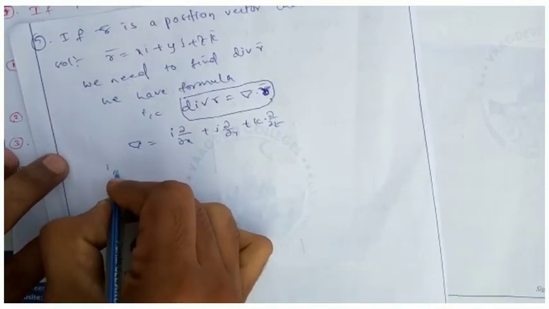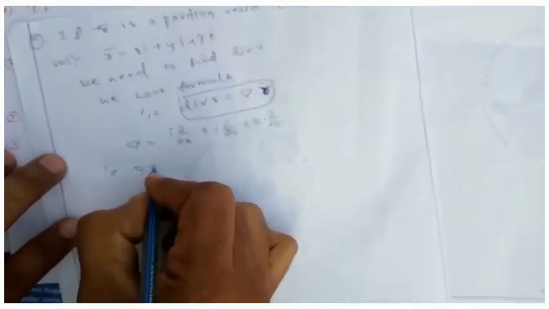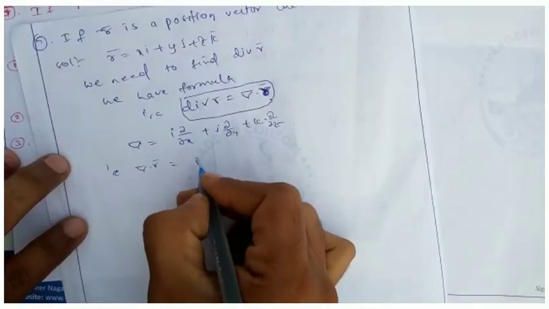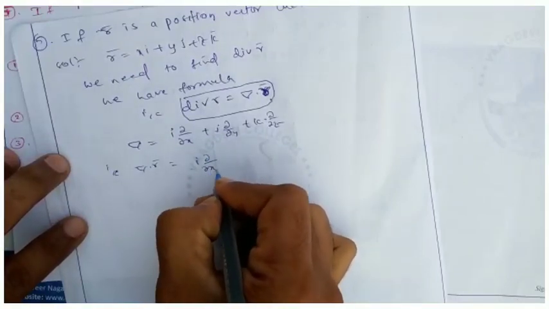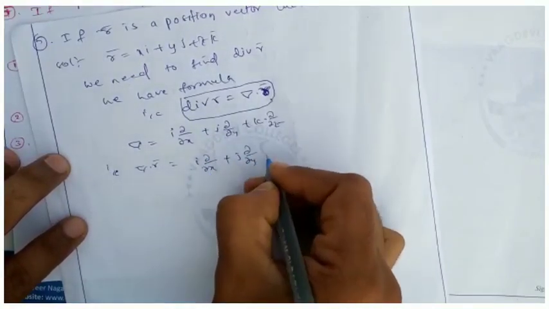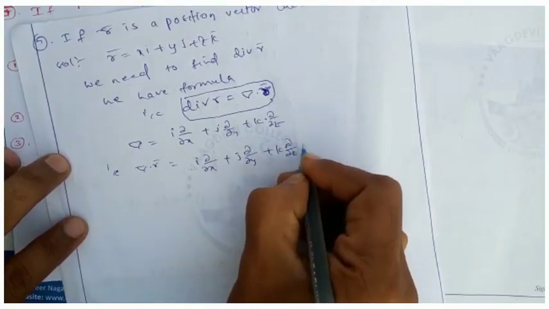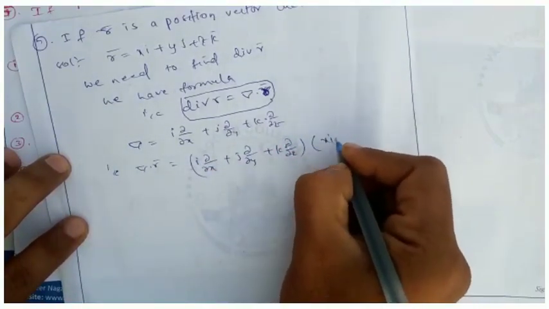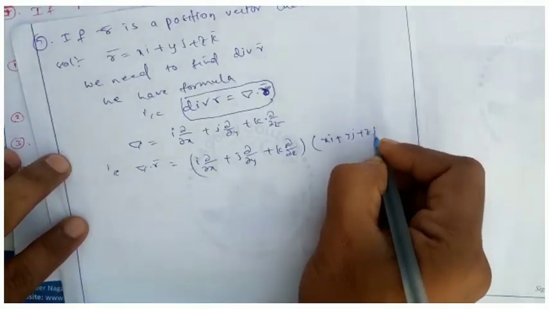That is, del dot R is equal to i into dou by dou x plus j into dou by dou y plus k into dou by dou z of xi plus yj plus zk.